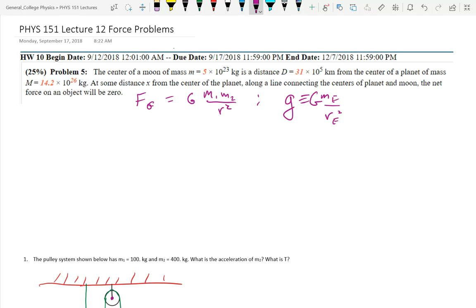It turns out that if you're outside of a spherically symmetric shell, then it's as if all of the mass is at the center. But if you're inside a spherically symmetric shell, no matter where you are inside, the forces are going to add to 0.